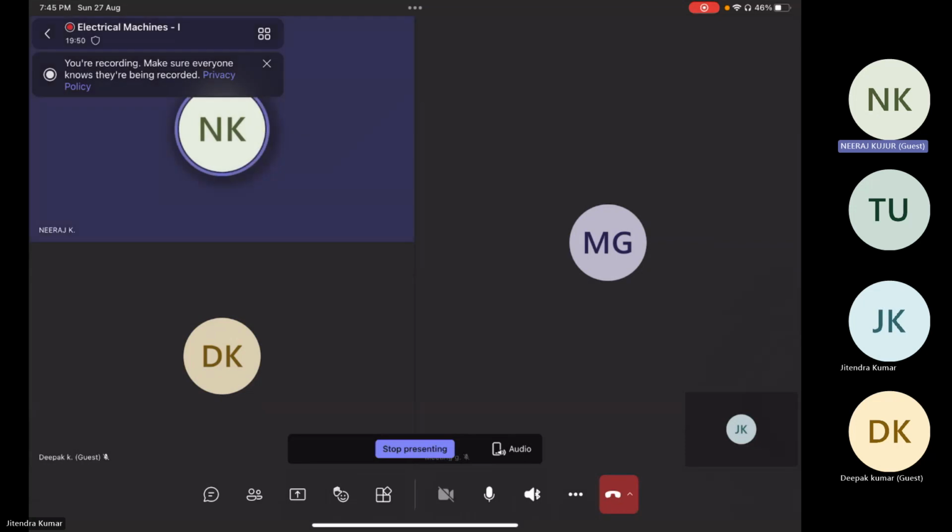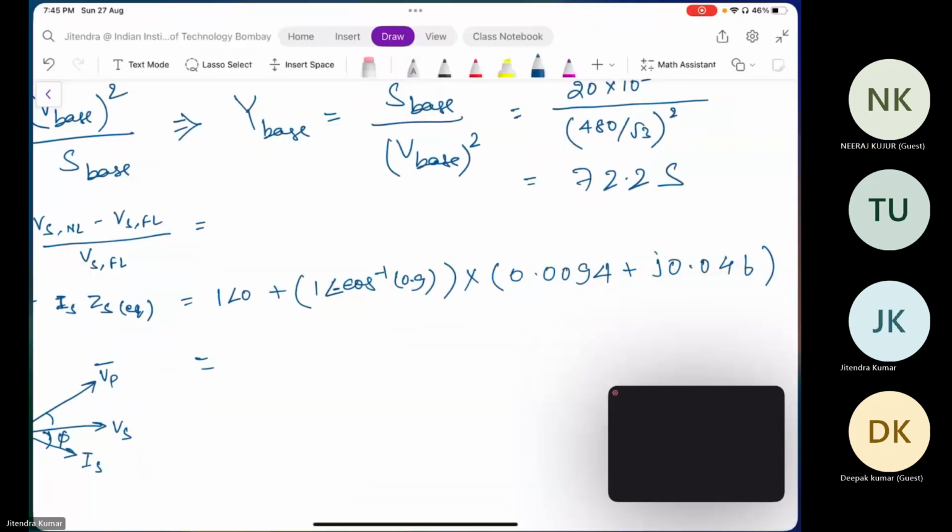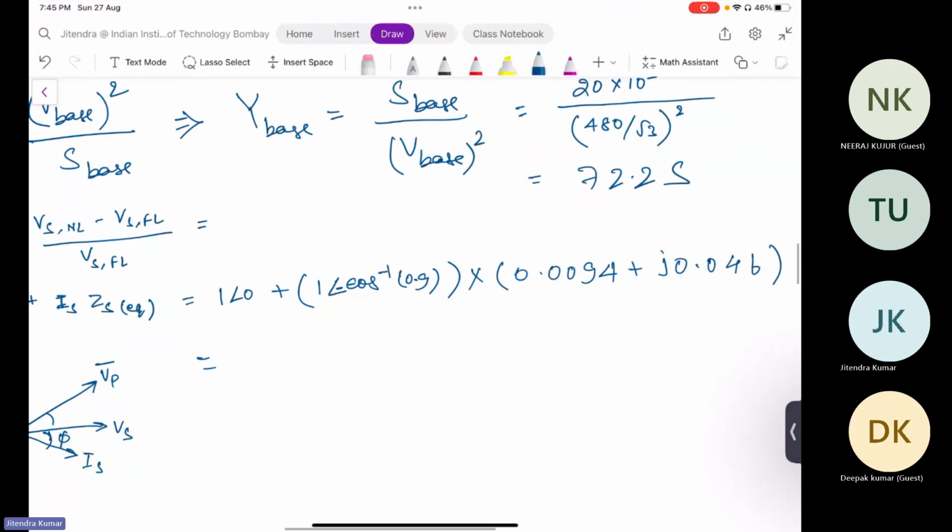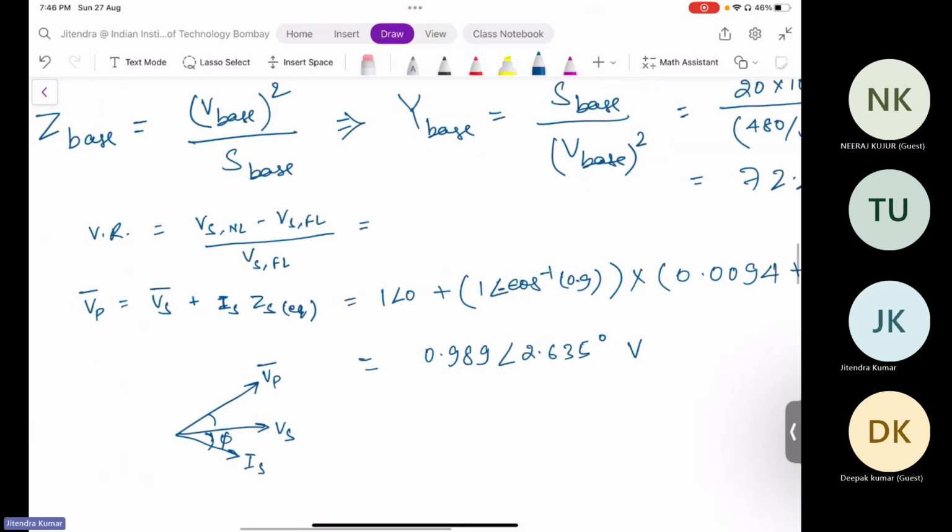Sir, it is 0.989 with angle 2.635 degree. Yes, it is the primary voltage. Then it will come in negative, no?